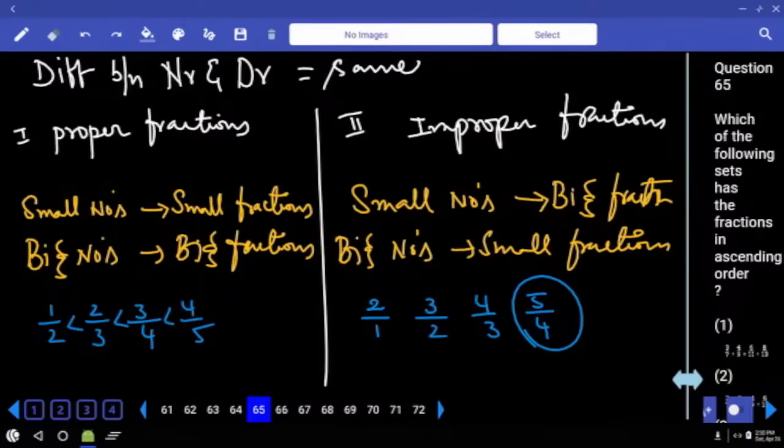See, do remember, how many of you are using ChatGPT? Raise your hand. I don't know whether you have proper knowledge about ChatGPT, OpenAI. ChatGPT gives you answers based on its training.